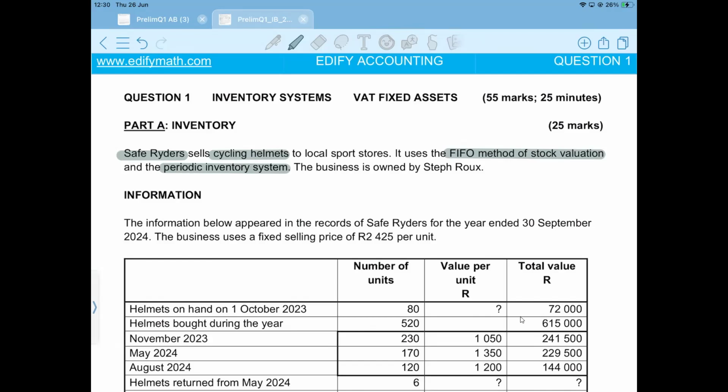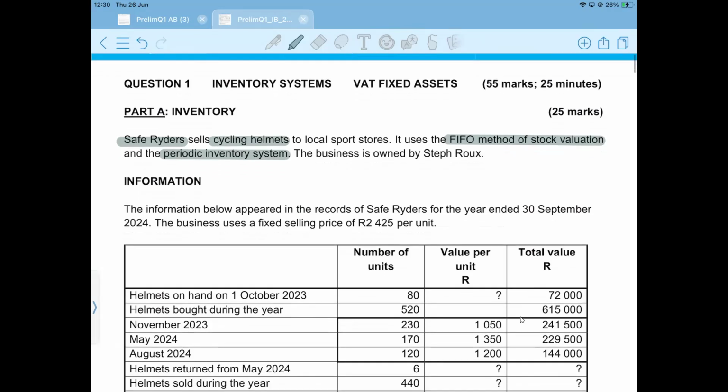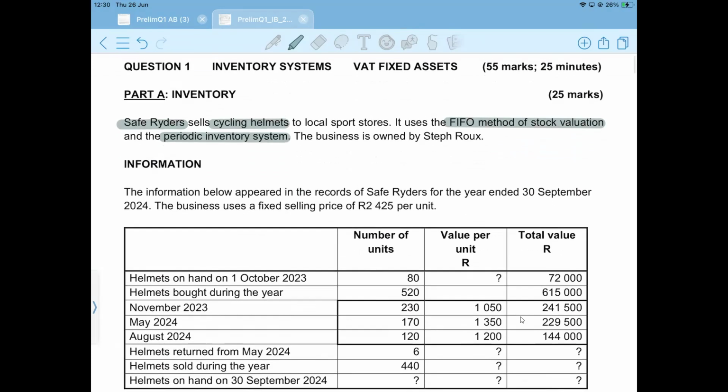And the business is owned by Tsebo. Then we have information below that appeared in the records of Save Riders for the year ended 30 September 2024. It says the business uses a fixed selling price of 2,425.